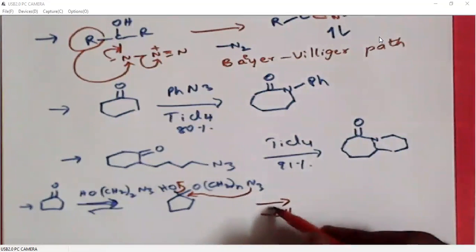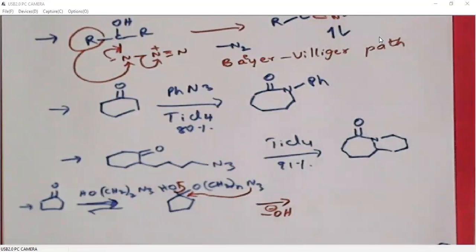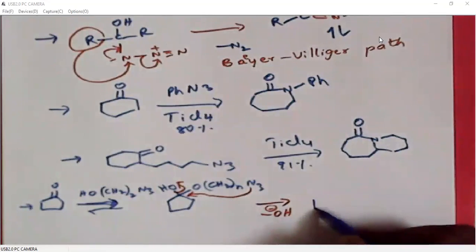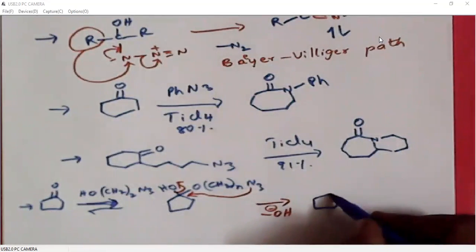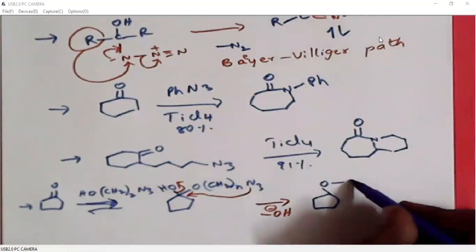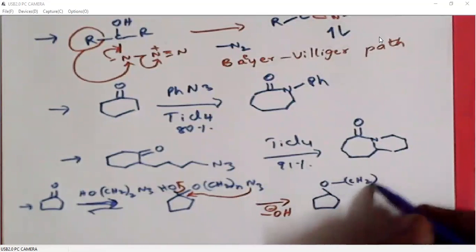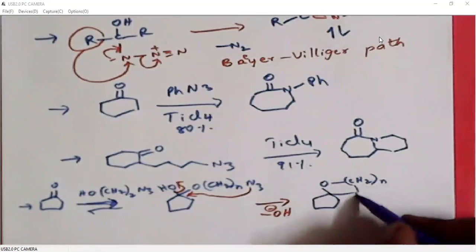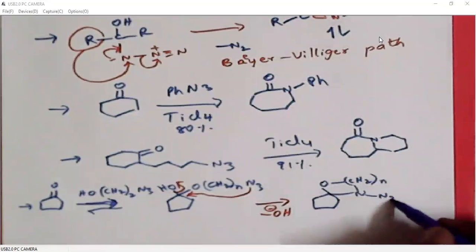So here we are generating a bicyclic system, N and N2 plus.